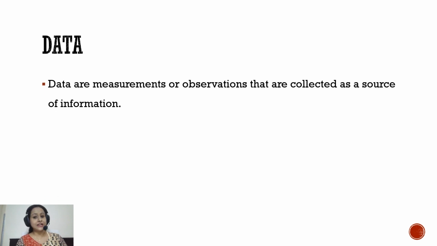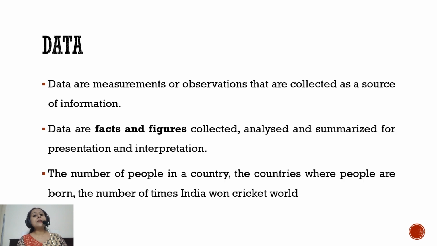So what is data? Data are basically the measurements or observations that are collected as a source of information. Data can be facts or figures, basically numerical information. It can be non-numeric information also, and we will see the different kinds of data. But basically data are facts and figures which are collected for the purpose of analyzing and summarizing a particular event or a particular scenario.